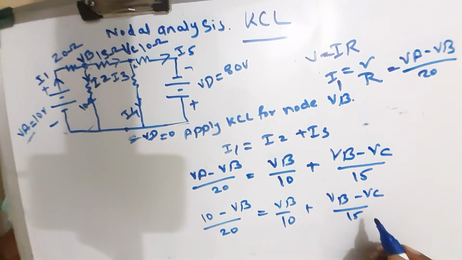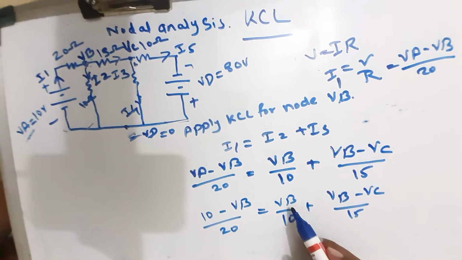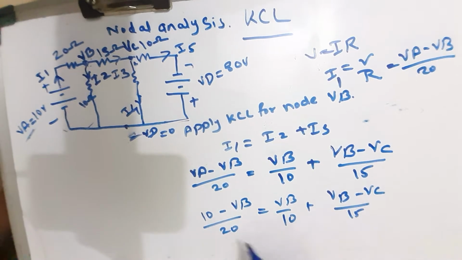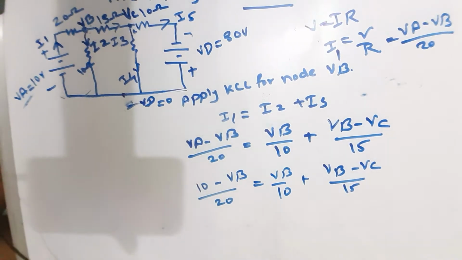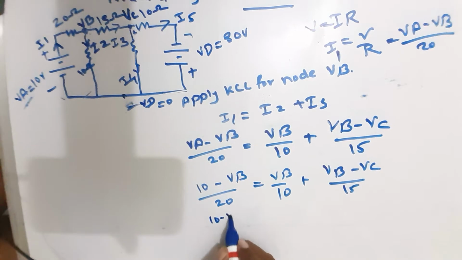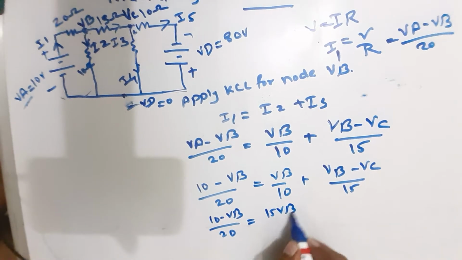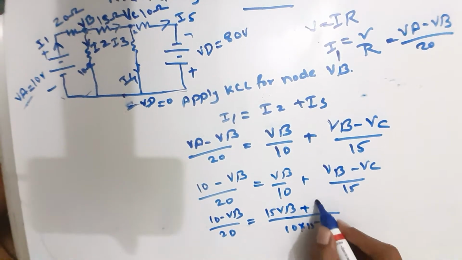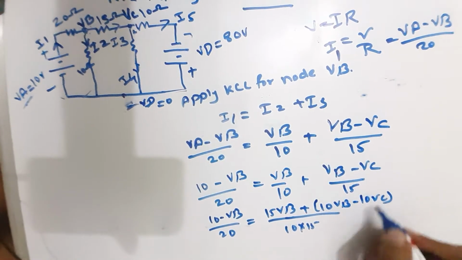Now we have to solve these simultaneous equations. How will we solve it? 15 will be divided by VB, 10 will be divided here, and 20 is there. So I will start solving: 10 minus VB divided by 20 equals 15 VB, 10 into 15 plus 10 VB minus 10 VC.